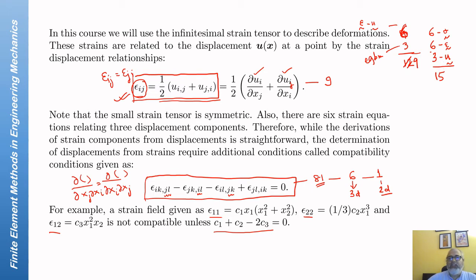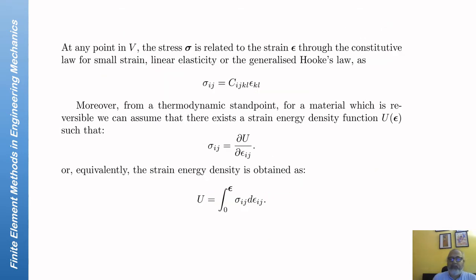So now we need some man-made equations which come in the form of what is known as constitutive equations. Constitutive equations are equations which relate the 6 components of stress with the 6 components of strain.